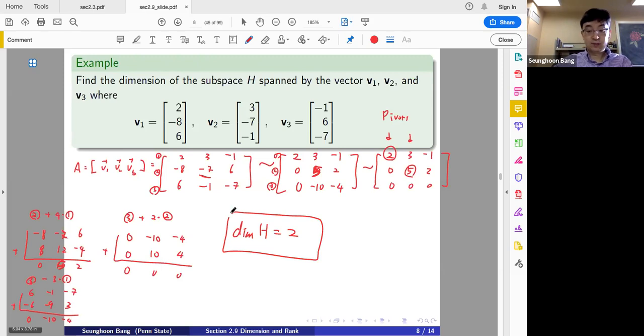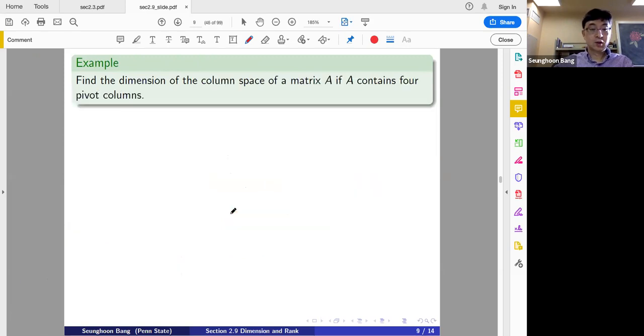The next one: find the dimension of the column space of matrix A. A contains 4 pivot columns. So what is the dimension of the column space of A? The column space of A has dimension exactly the number of pivot columns, that's 4.